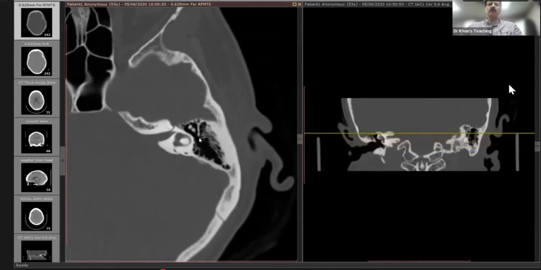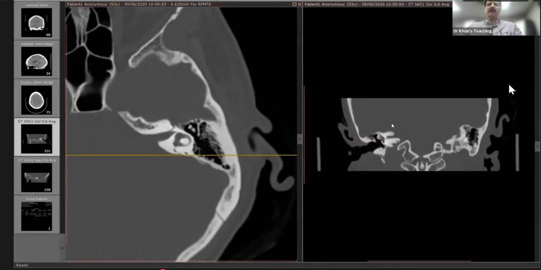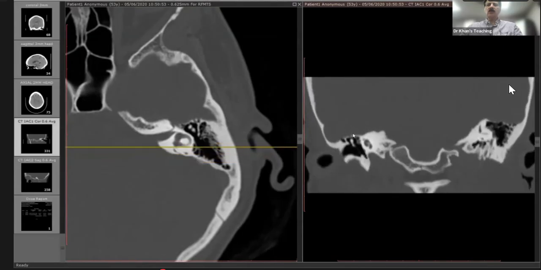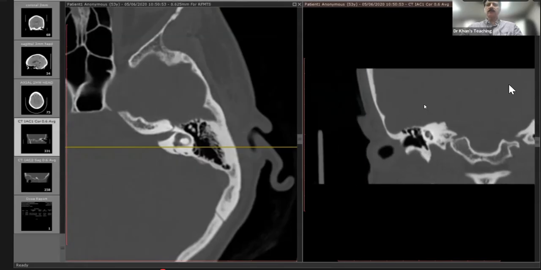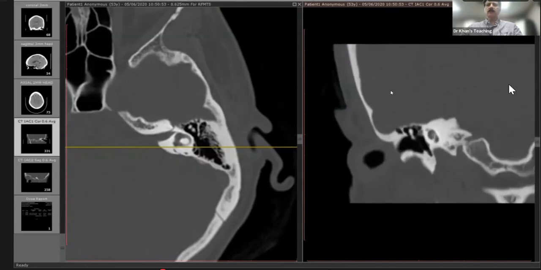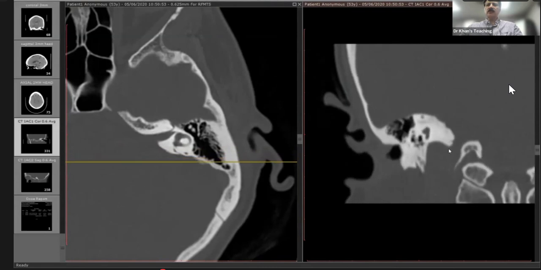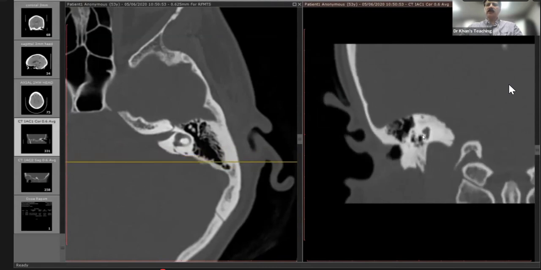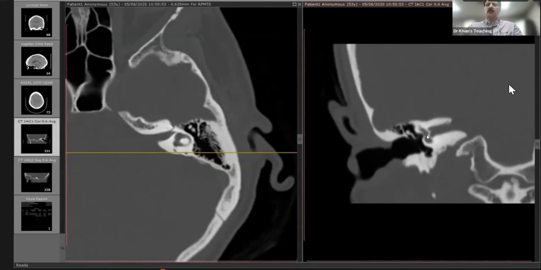So let's see it once again on this sagittal sequence. And we can see that this is the lateral semicircular canal, and this was the scutum. So superior to the scutum, this is the epitympanum.